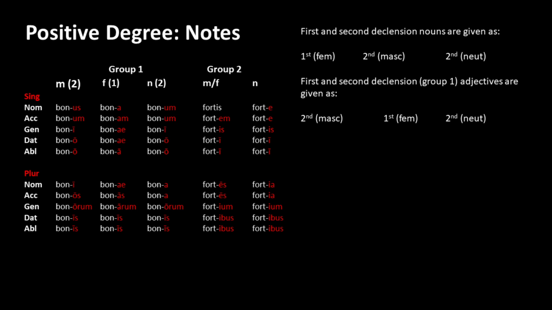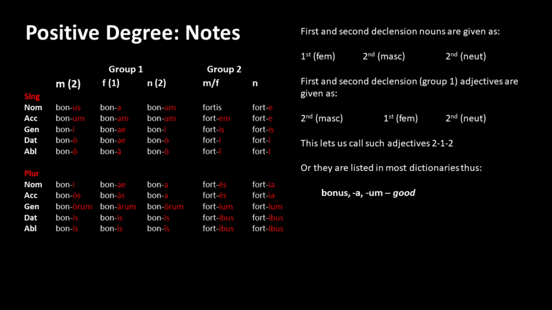We can abbreviate this. We can call such adjectives 2-1-2 kinds. Since this order applies to many other tables in Latin and in Greek, this is a useful piece of shorthand. So, bonus, bona, bonum. These are 2-1-2 adjectives. Or they're listed in most dictionaries thus: bonus, a, um, good.